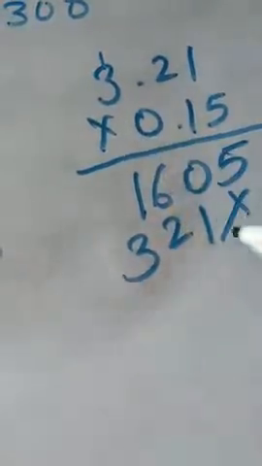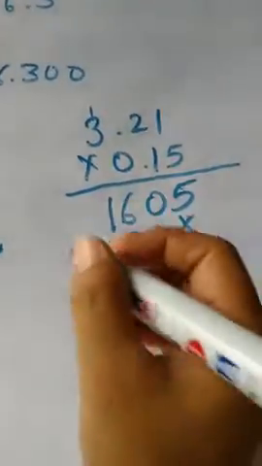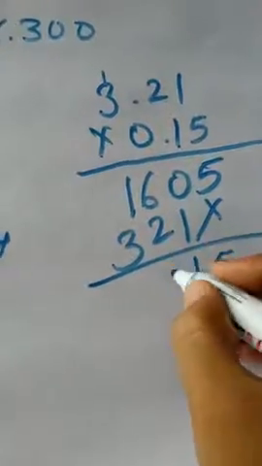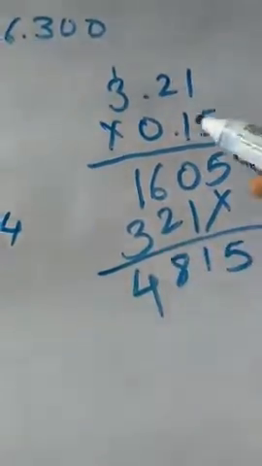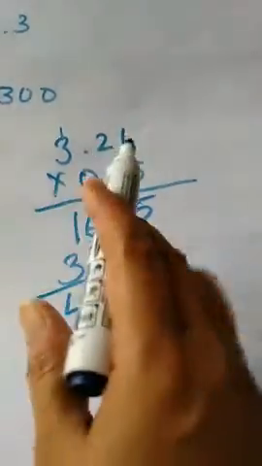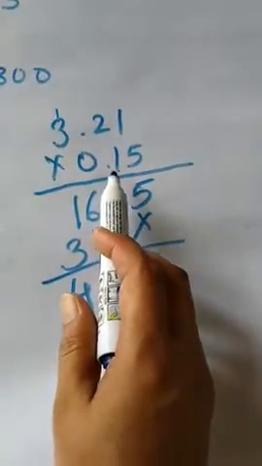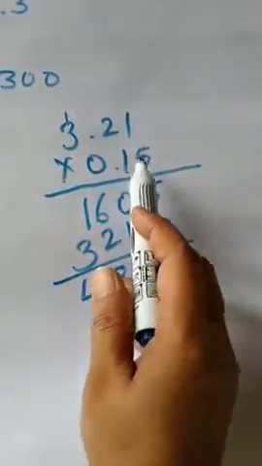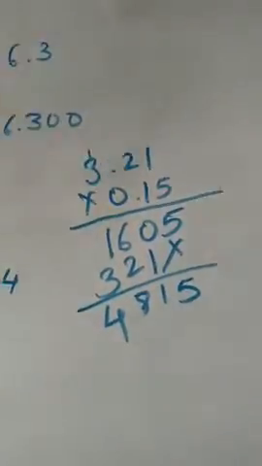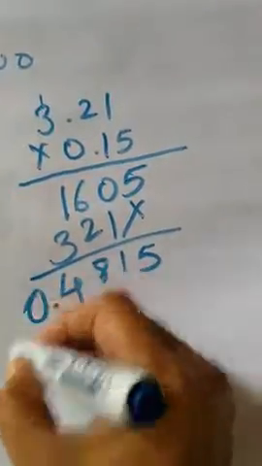No need to multiply by 0. Now add them. 5, 1, 6 plus 2 is 8, 3 plus 1 is 4. Now count the number of digits after the decimal. There are 2 digits in the first number after the decimal, and in the second number also 2 digits. So 2 plus 2, 4 digits are there after the decimal. So we have to mark the decimal after 4 digits. 1, 2, 3, 4. So mark it like this.